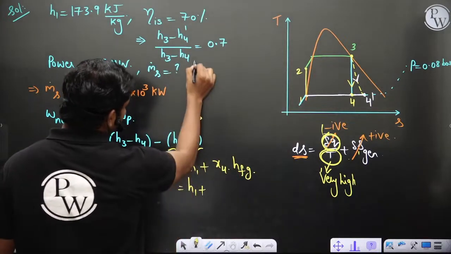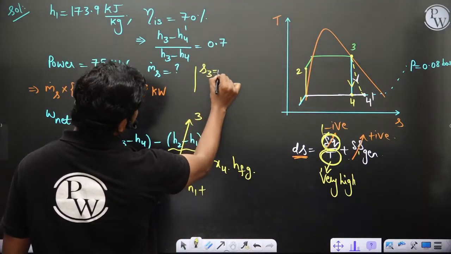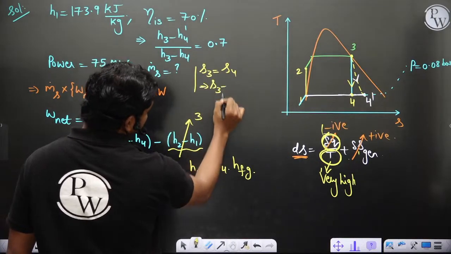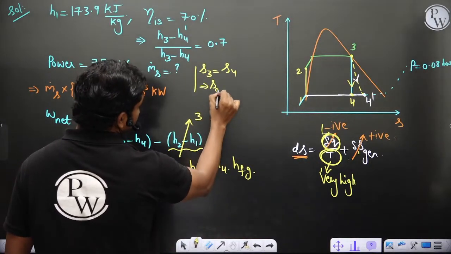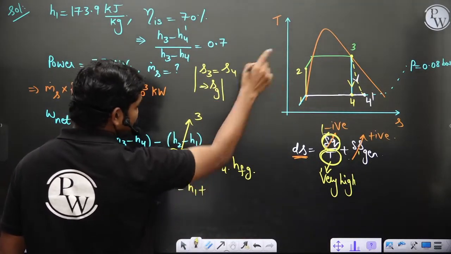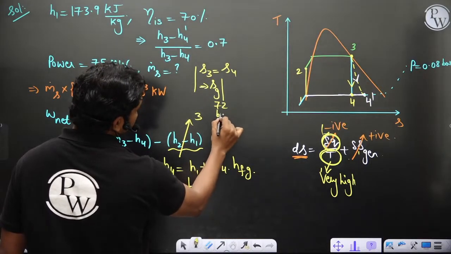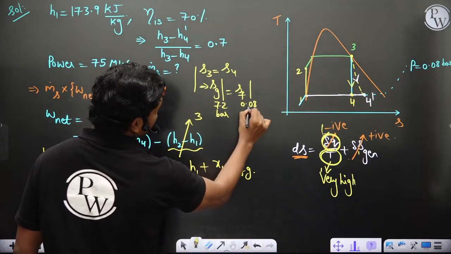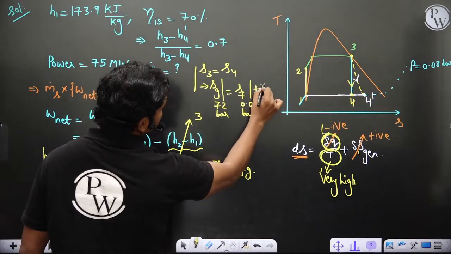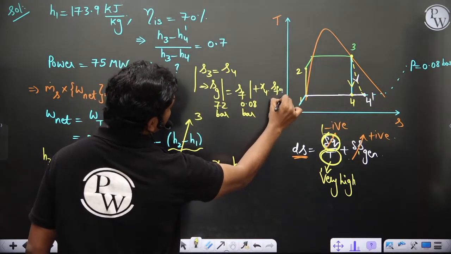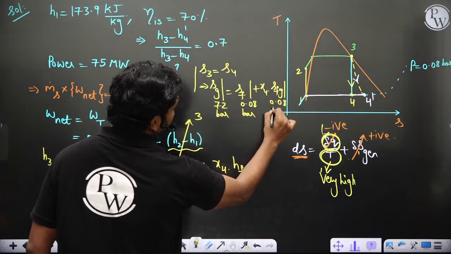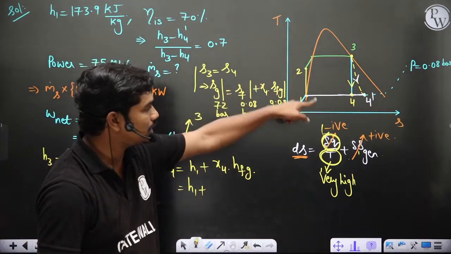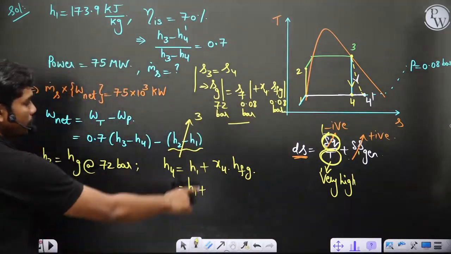So clearly S3 is equal to S4, and S3 is equal to SG at this location. SG at 72 bar is equal to SF at 0.08 bar plus X4 into SFG at 0.08 bar. You know this equation, just equating the specific entropy of state 3 and state 4.